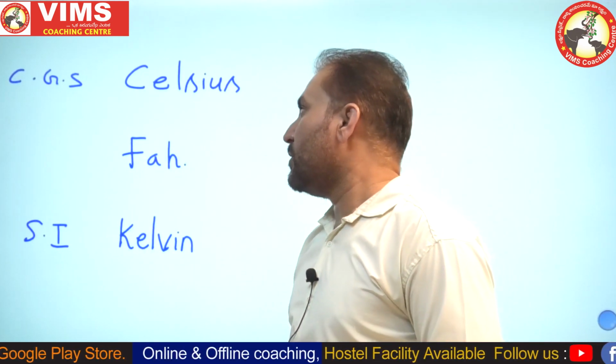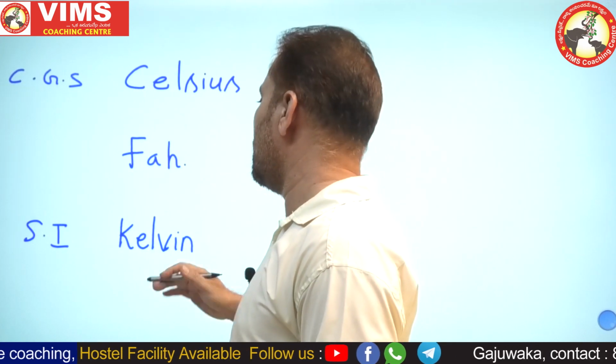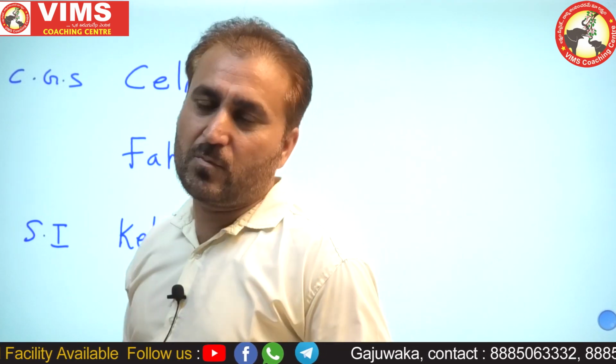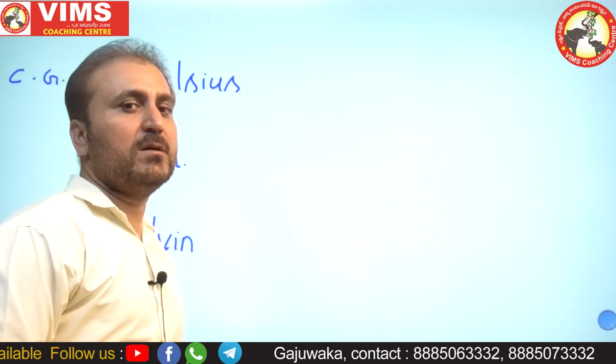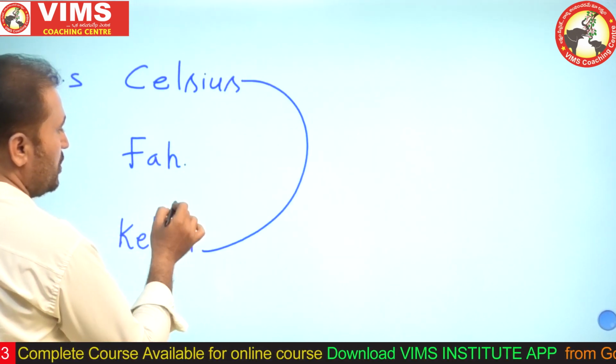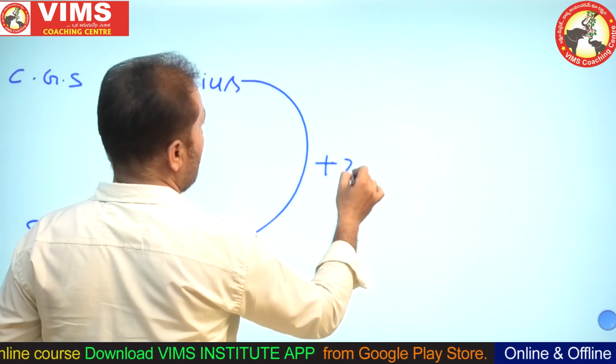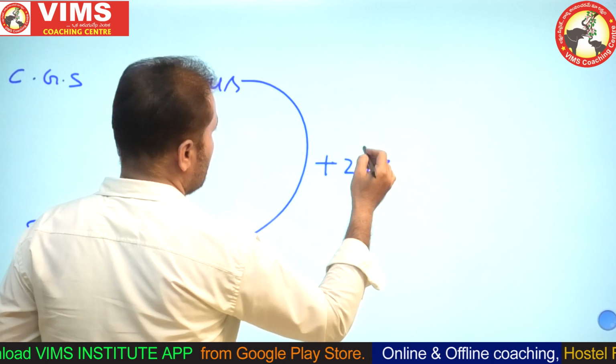So in 10th standard we also have a conversion, Celsius to Kelvin or Kelvin to Celsius. There is a small trick. If you want to convert temperature from Celsius scale to Kelvin scale, dear children, directly you can add plus 273.